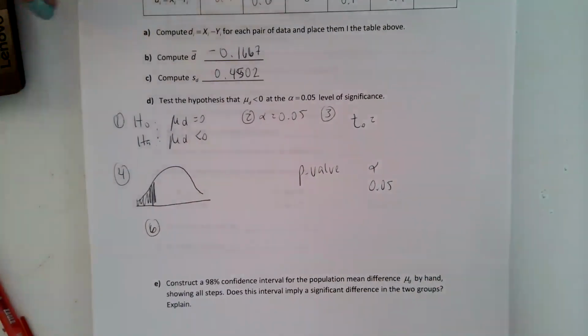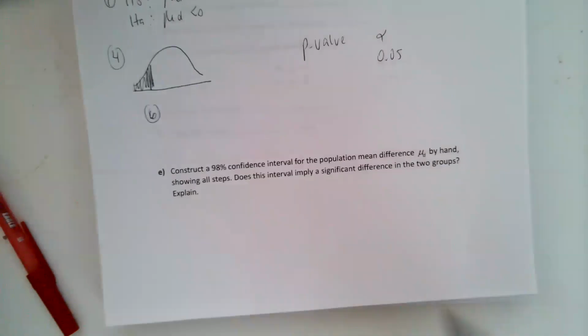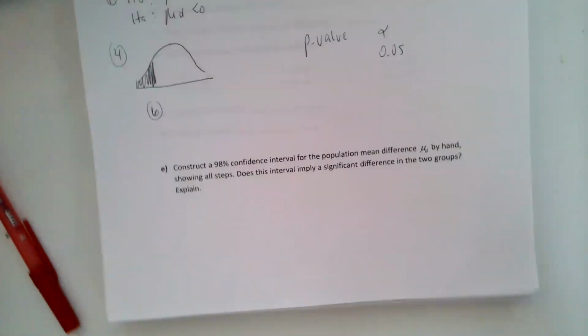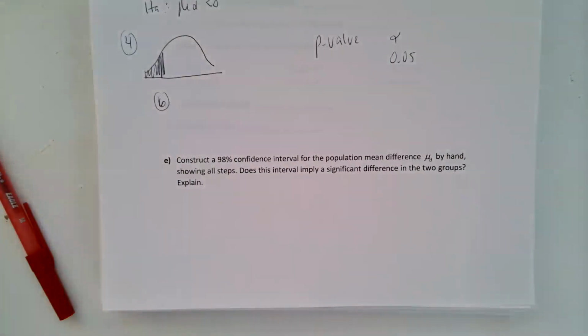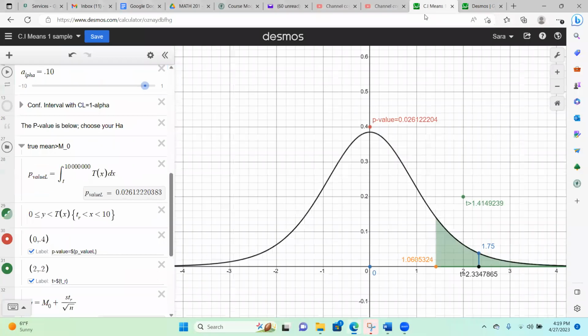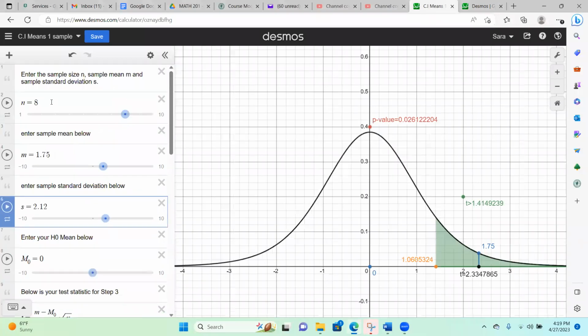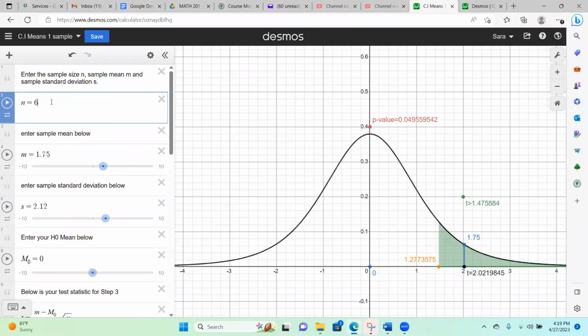Now, notice that part E at the bottom says construct a 98% confidence interval for the population mean. So we'll do that as well momentarily, but first we're going to run the hypothesis test, but we'll be able to use the one sample mean for that as well. So let's go back to our Desmos program, and our sample size now is 6.